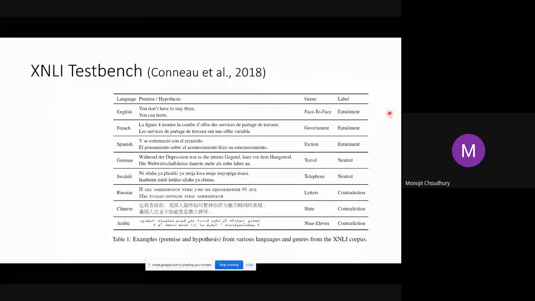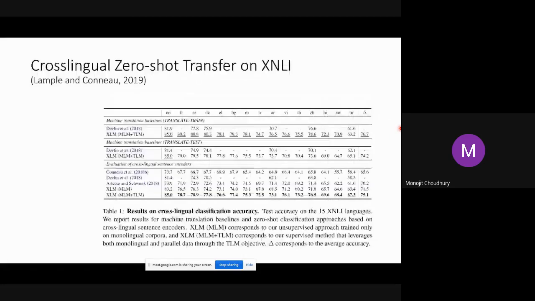In the XNLI test bench, we have data for 15 languages, same task. And what people showed is, if you used labeled training data for each of these languages separately, then the accuracies you get are... just a minute.